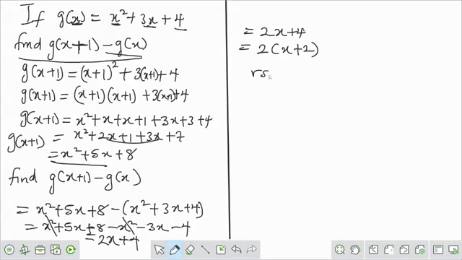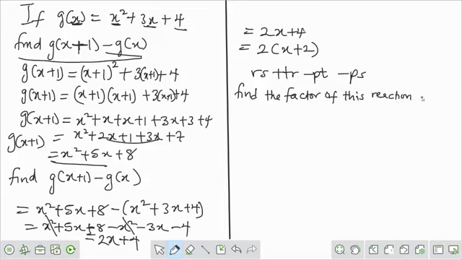So RS plus TR minus PT minus PS. They now said find the factor of this expression. So they asked us to find the factor.